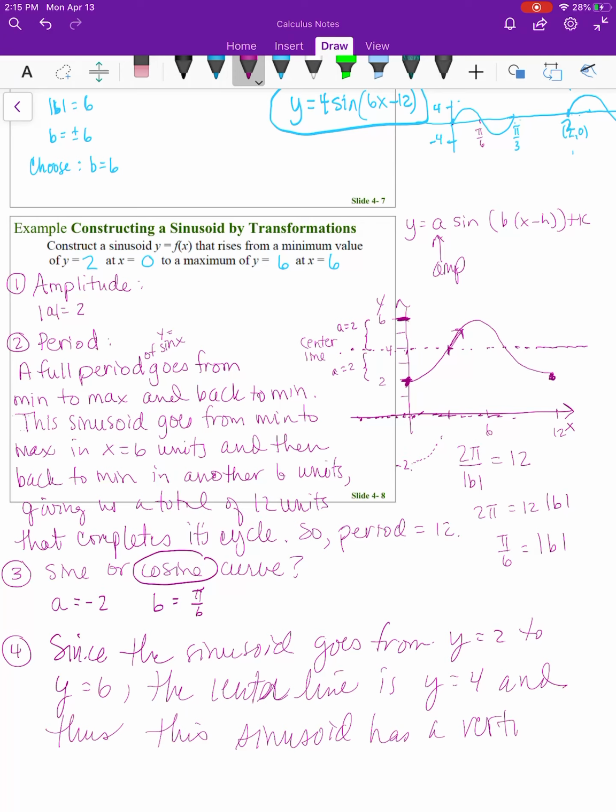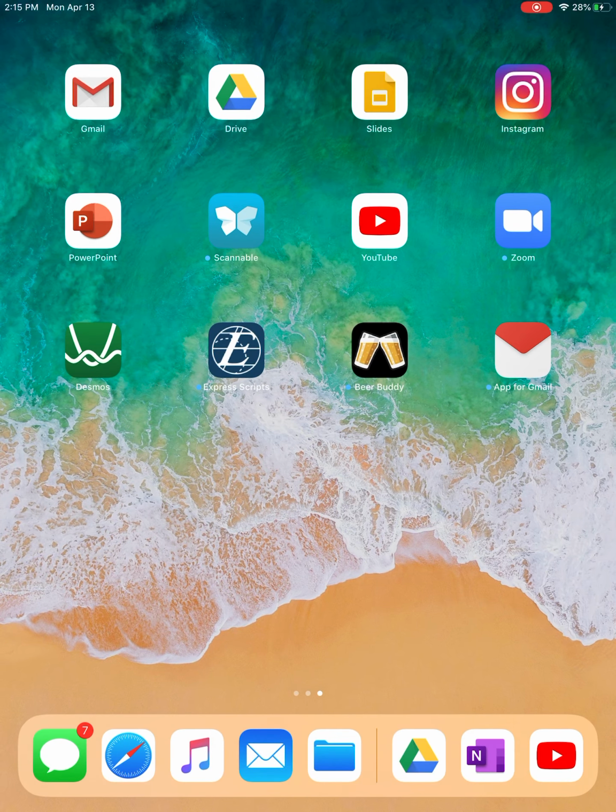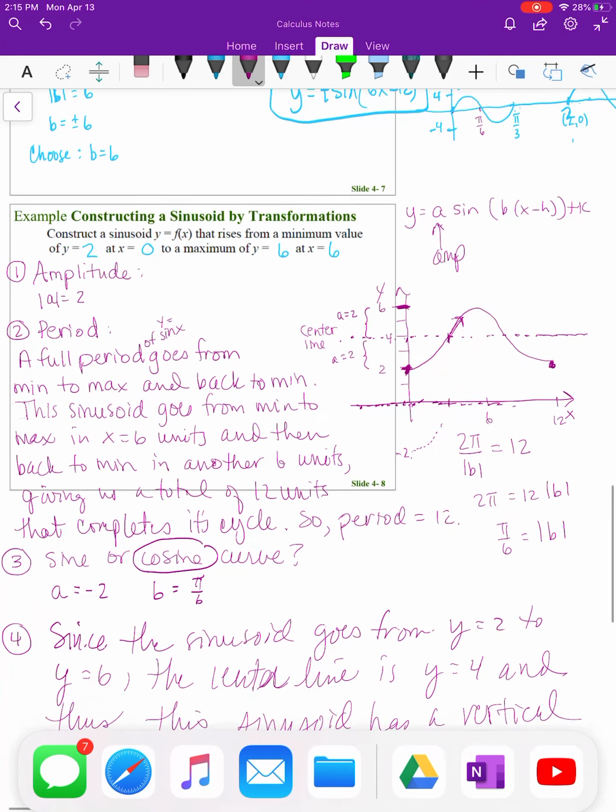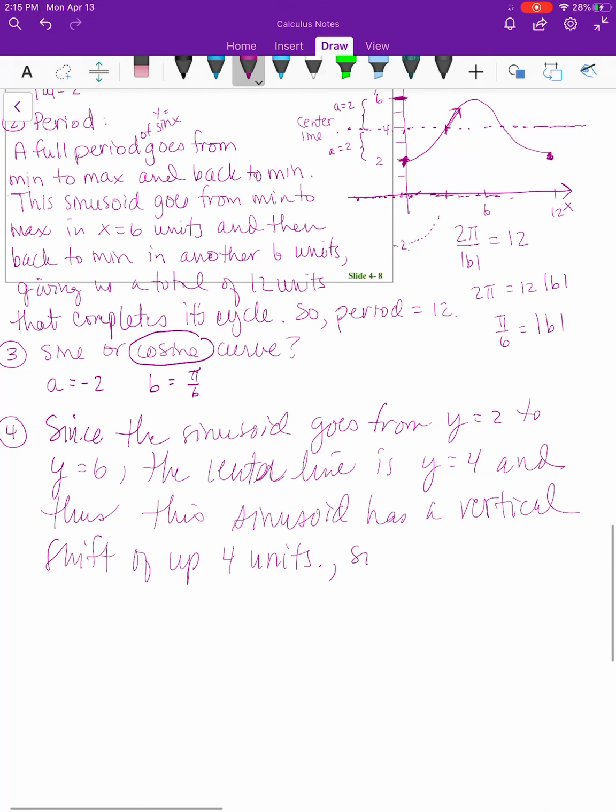And thus, this sinusoid has a vertical shift of up 4 units.